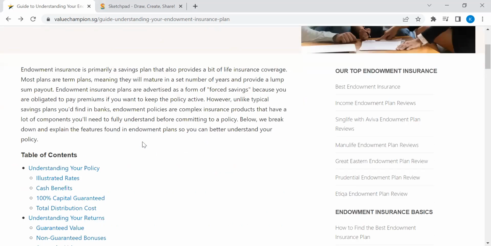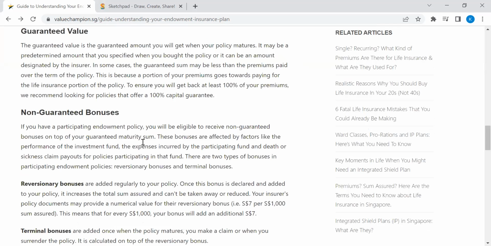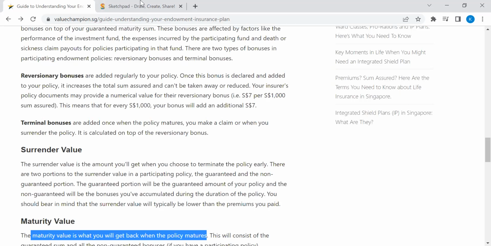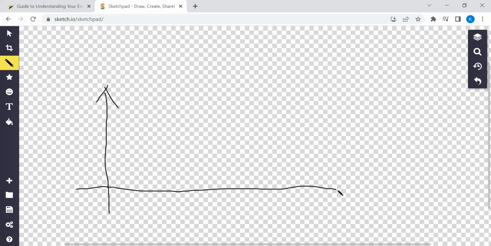Okay, but it's hard to understand in words, so let me use some drawings. So what is all this? Maybe let me just use a single premium policy, for example.